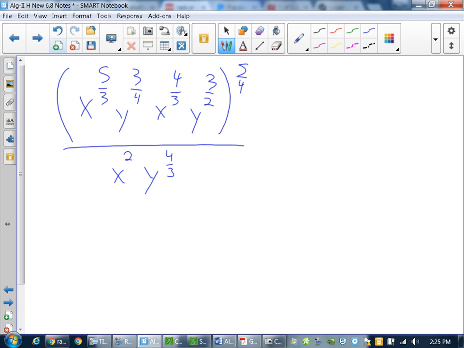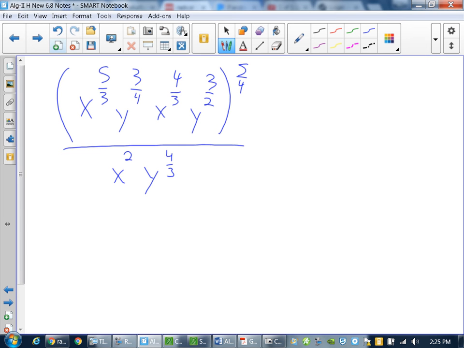So in this case here, you can do a couple of things right off the bat. I know that everything in the numerator has to be raised to that 5/4, so there's a whole power rule going on. But I also have 2 sets of x's and 2 sets of y's. I can go ahead and combine them right off the bat, especially the x's, because they already have common denominators.